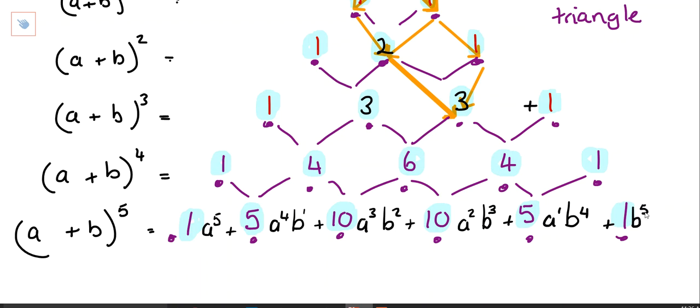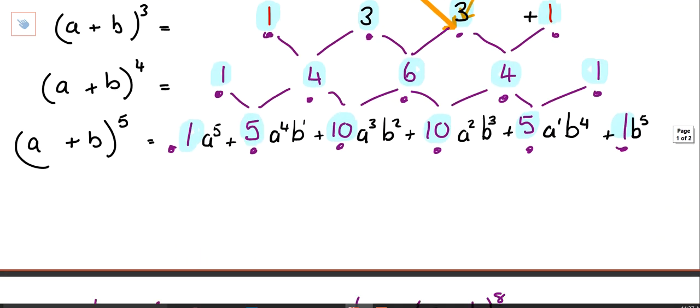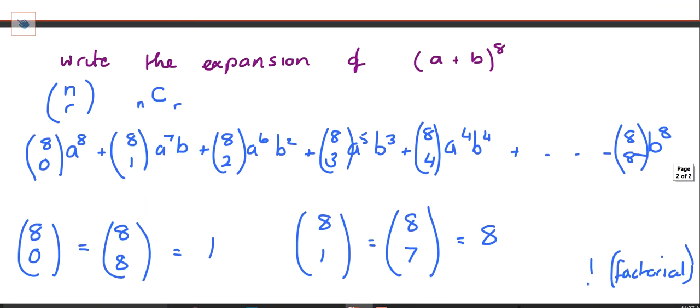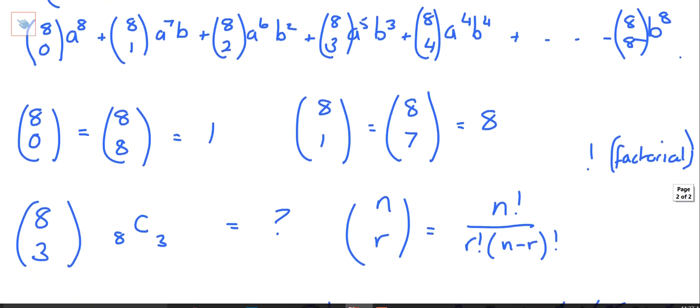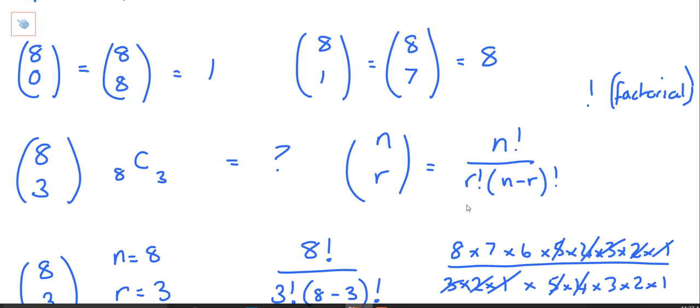So we had the pattern in the a's and b's, and then we have the coefficients, and the coefficients came from Pascal's triangle. But we did move on from Pascal's triangle to start looking at this notation and how we can use it to find the value. So we looked at the formula, n factorial, using 8 and 3, for instance.